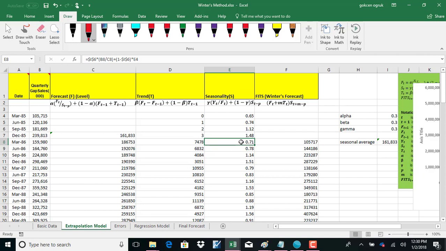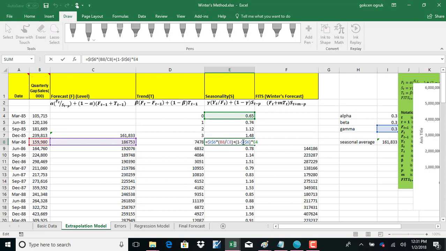Next, we are going to update the seasonality index, which is calculated by our coefficient gamma times actual sales in this period, I have some parentheses here, divided by level forecast in this period, plus 1 minus gamma multiplied by the estimate for seasonality at t minus p. t equals 5, in this case p is 4, so we take our first seasonal index estimate, which is 0.65.